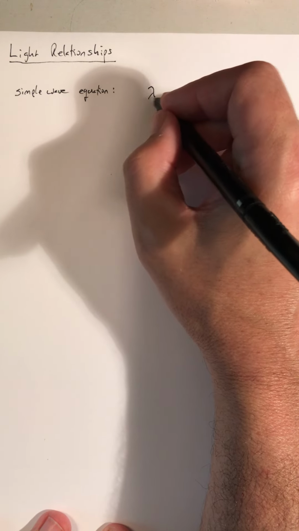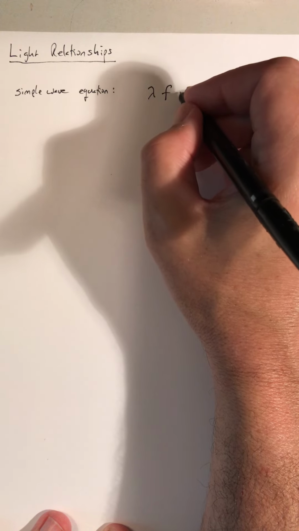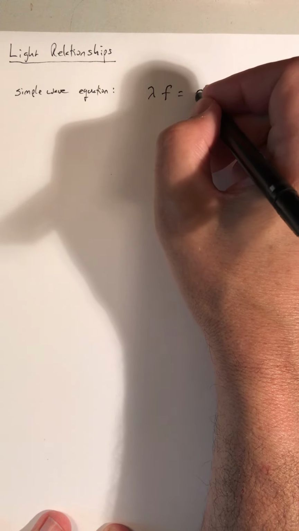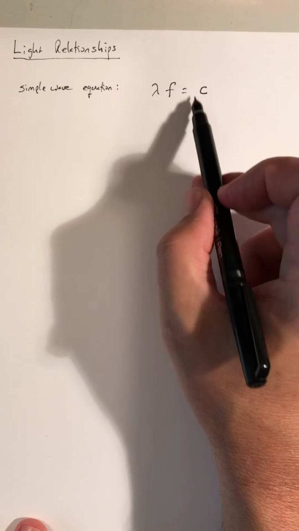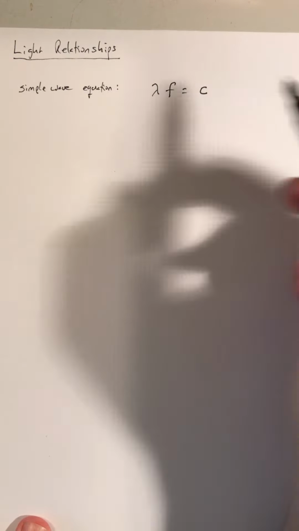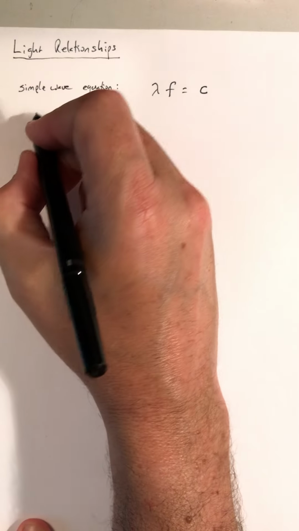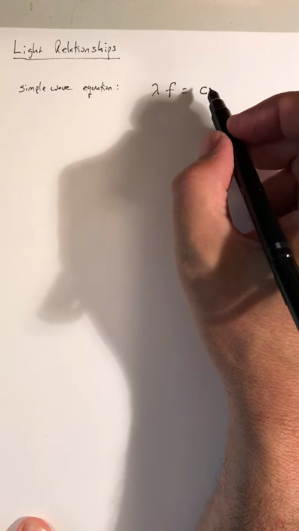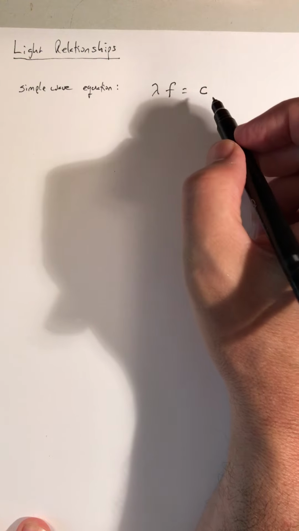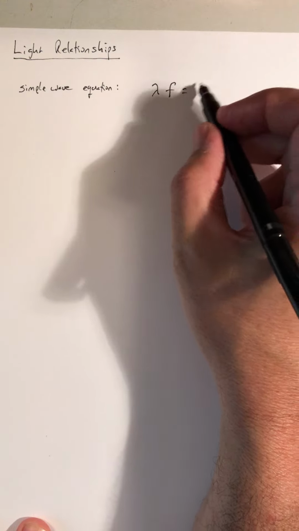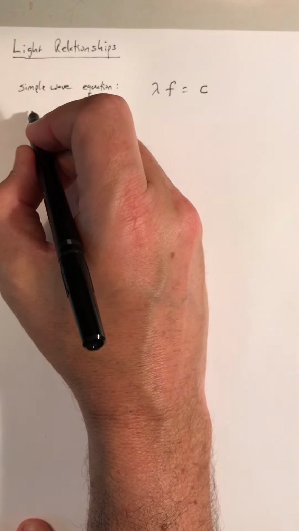So the simple wave equation tells us wavelength times frequency is going to be the speed of the wave, and all across the electromagnetic spectrum, it's the same speed, the speed of light. So it doesn't matter gamma ray, X-ray, ultraviolet, visible light, infrared, microwave, radio, all travel with the same speed, c.